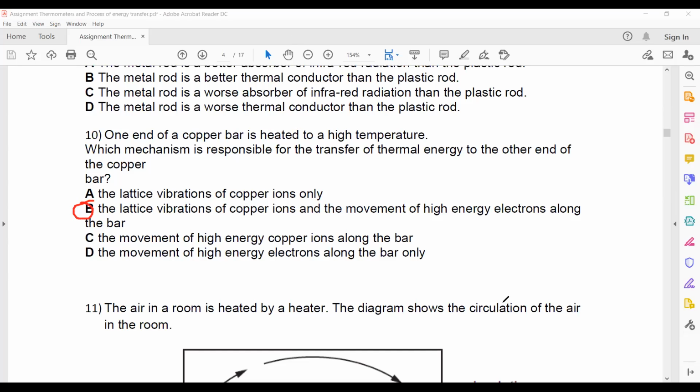That's true. If there is any question you want me to repeat or you are not able to understand why, because it's a metal, metal has lattice vibration, that's one thing. And there is also a movement of high energy electrons. So both methods happen. Conduction is the vibration of the lattice, but there is also a movement of electrons in the metal.